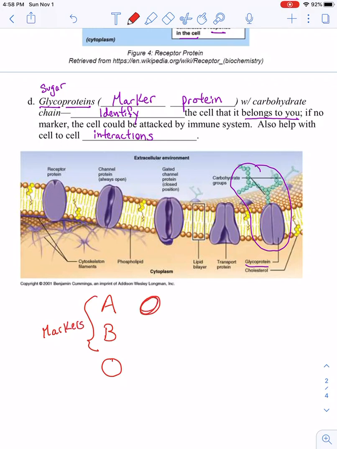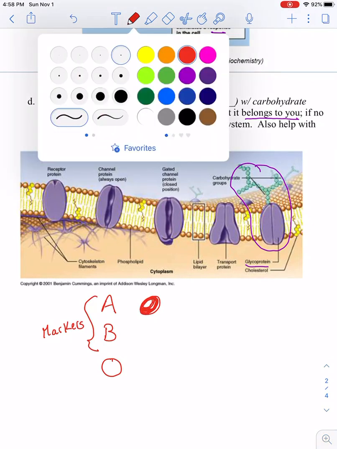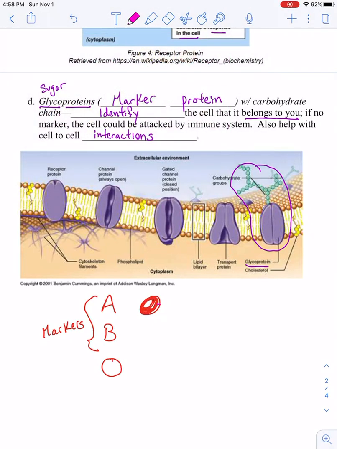If I have a red blood cell and I am type A, it's because I have A glycoproteins on the surface of the red blood cell.